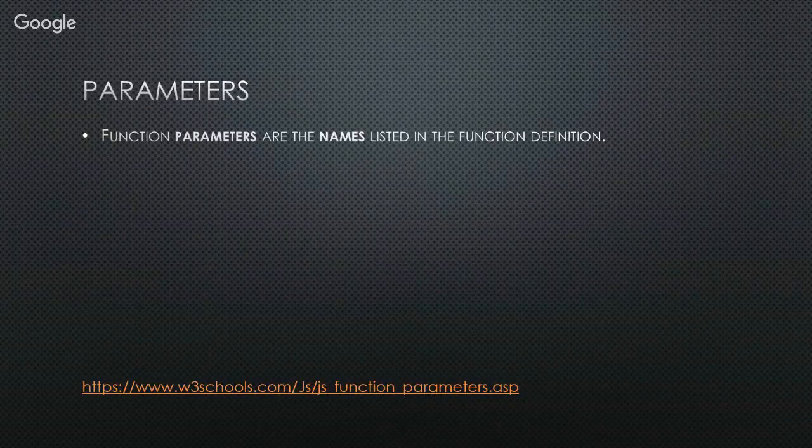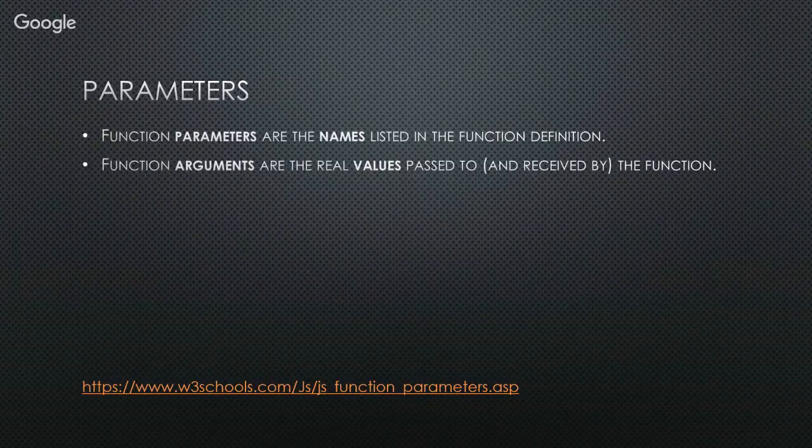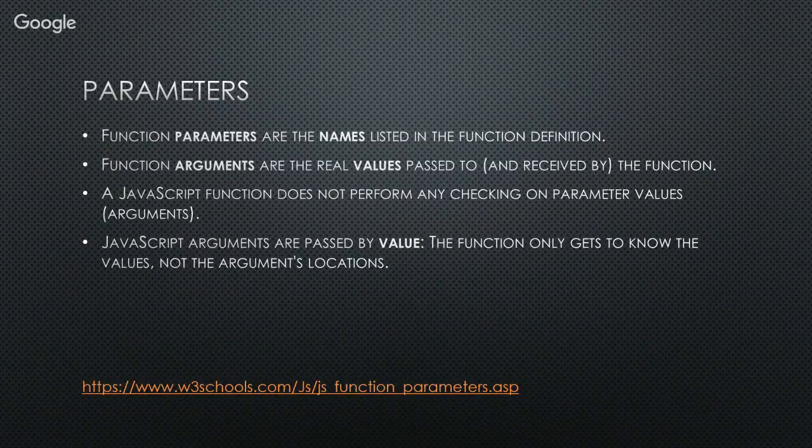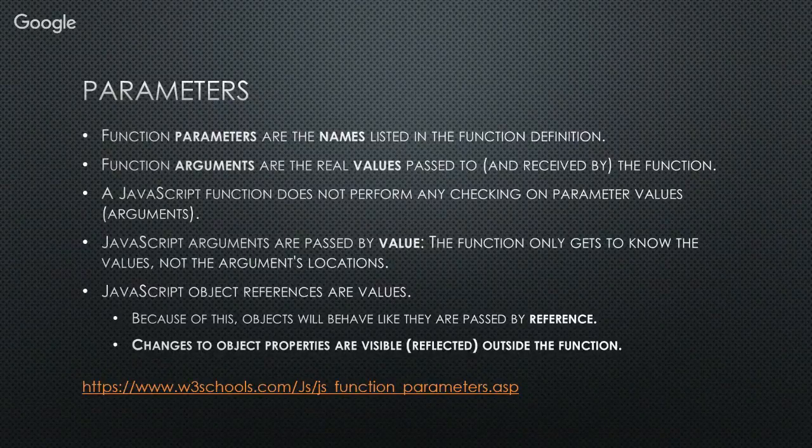Parameters are things that you pass into functions, and again there are some JavaScript-isms. If you're just passing a number into a parameter, it gets passed by value. Whereas if you pass in an object, you're actually passing by reference.